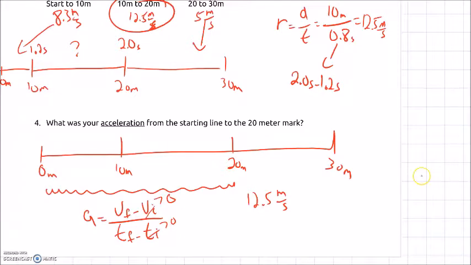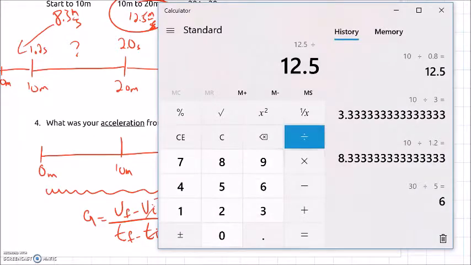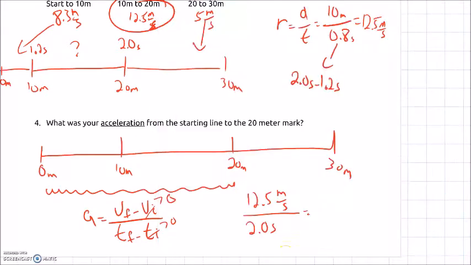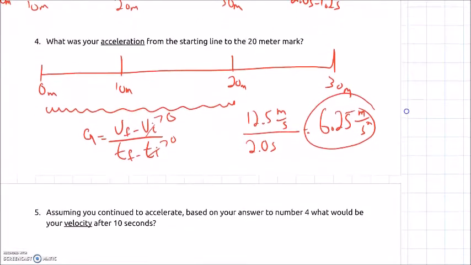Our time final was 2.0 seconds. So all we need to do is divide those two things, 12.5 divided by 2.0, and we get 6.25 meters per second squared, and that is our acceleration for number 4.